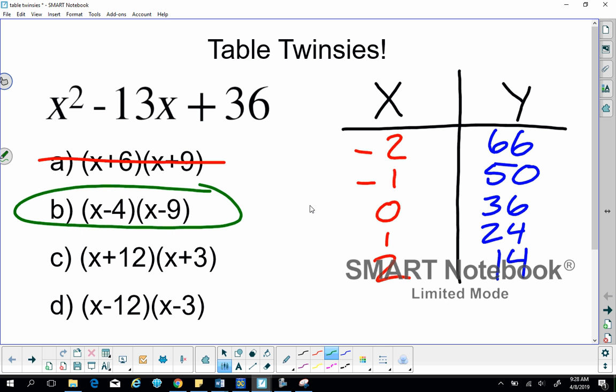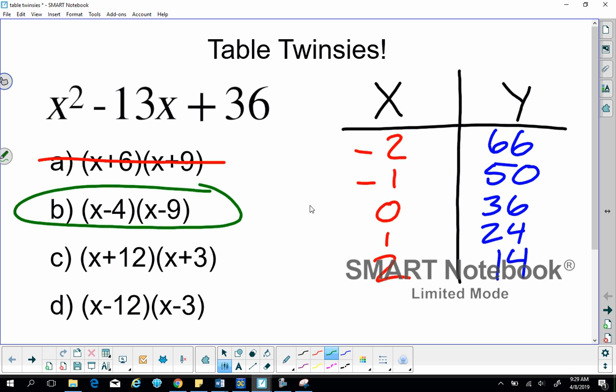Okay, let's look at one more type of these questions. Can anybody tell me, for a brain buck, what the solution to this factored form would be? What are the solutions? Remember, what were the other words for solutions?